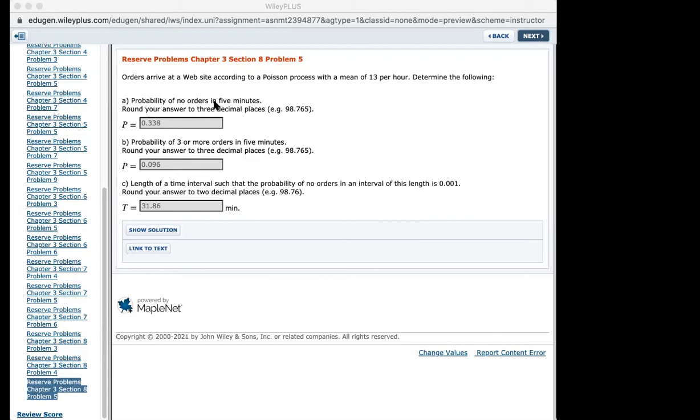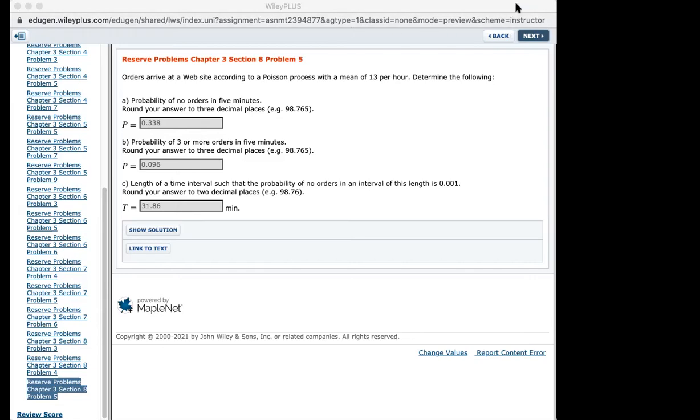It is 5 minutes, not 5 hours, so we need to figure out t first. We need to convert 5 minutes to hours: 5 over 60 hours. So t is not just 5, but 5 over 60 hours.